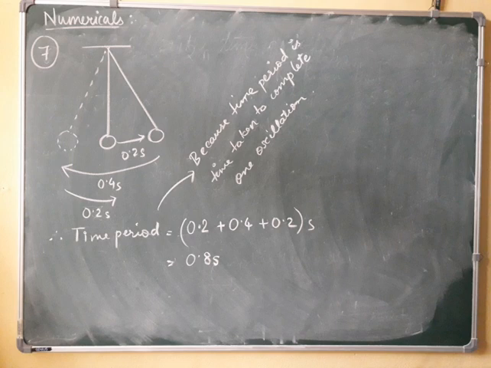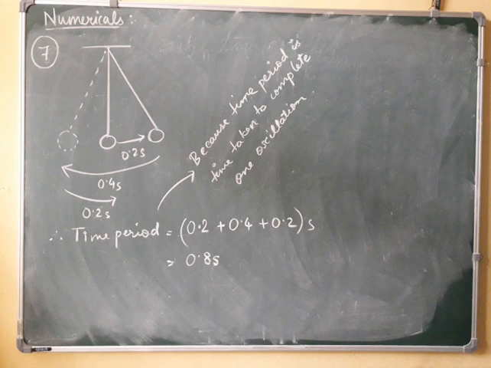The total time taken is the time period, because time period is the time taken to complete one oscillation. So time period is 0.2 plus 0.4 plus 0.2, which is 0.8 seconds. Clear? You can go through the diagram, that's why I have drawn it for you.